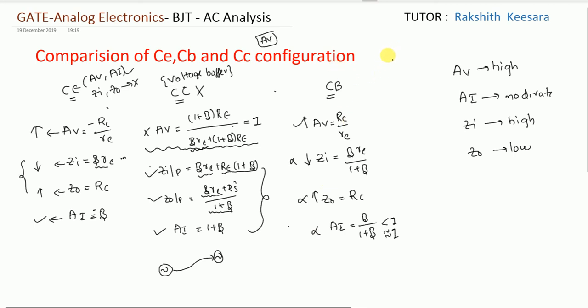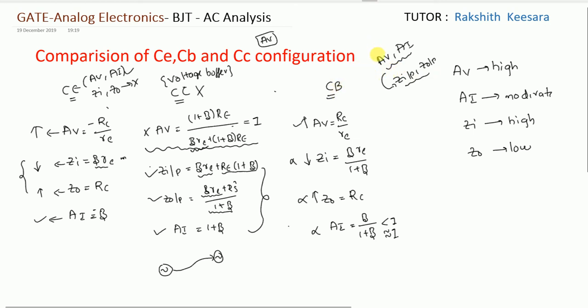What are the conditions for an amplifier? It should amplify power. That means it should have voltage gain, it should have current gain. These are the primary parameters. Secondary parameters are it should have high input impedance and low output impedance. First we should check this. If these two are satisfying, we should check these two parameters.